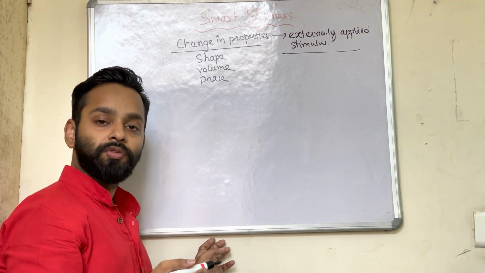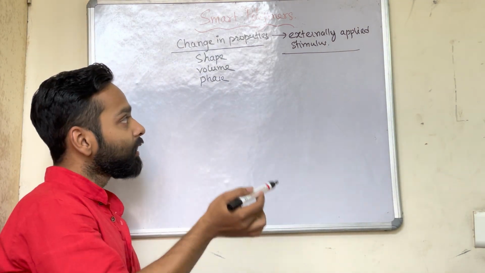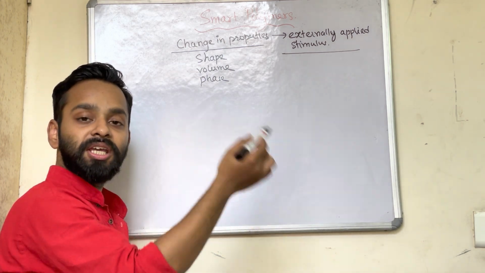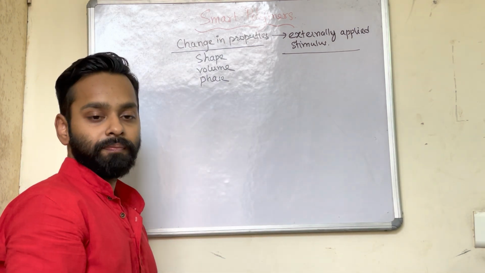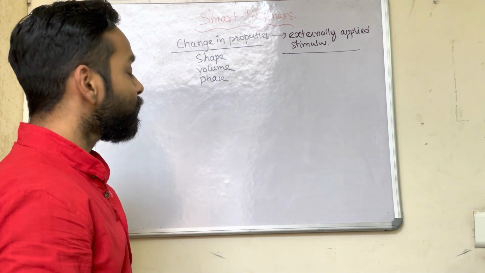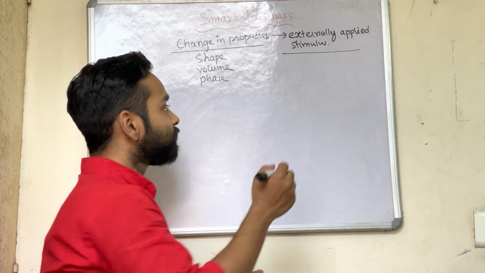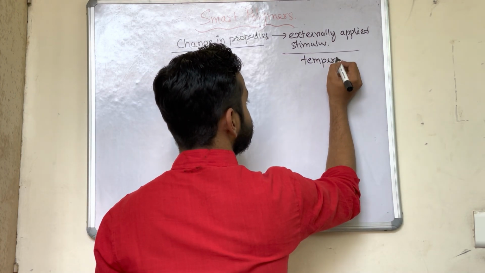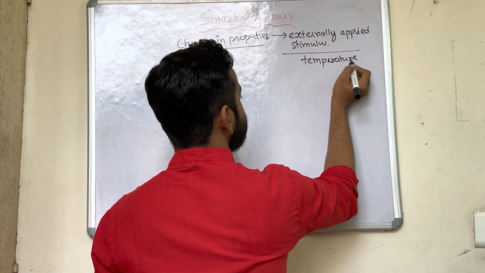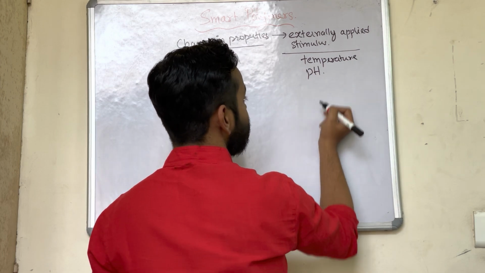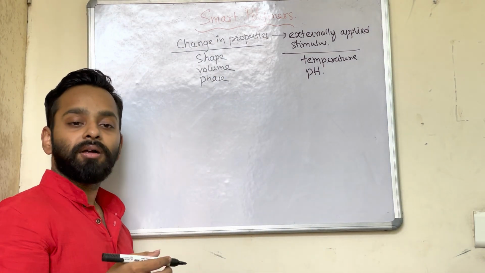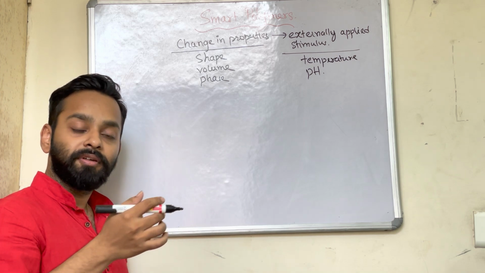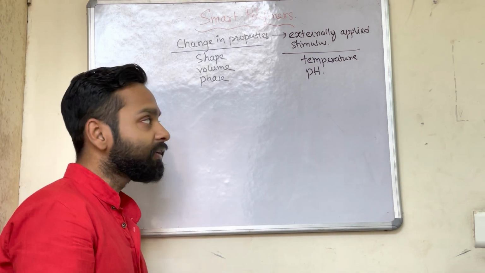So these are the stimuli which we will be applying, and in response to those stimuli these polymers will show some change in their properties. Externally applied stimulus can be temperature, pH changes, and there are even different polymers which show changes in properties when applied to an external electrical field.